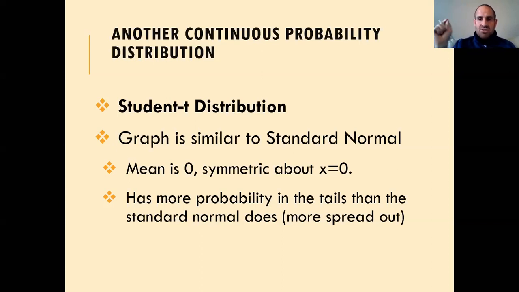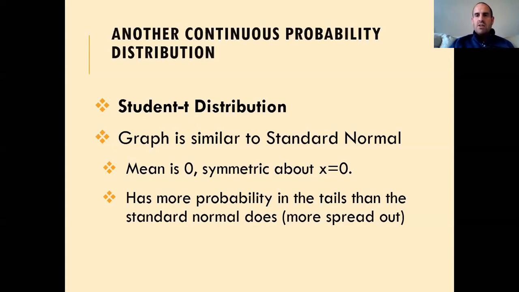That's because we have less certainty if my sample size is small. Small sample size means that the t distribution corresponding to it is going to be more spread out. That's because we just have less certainty about the underlying distribution. Okay, it has more probability in the tails than the standard normal does.